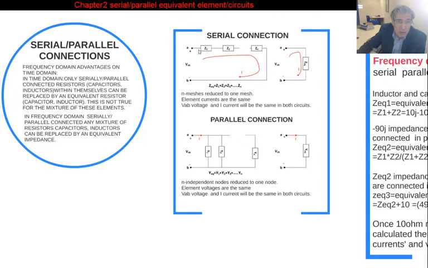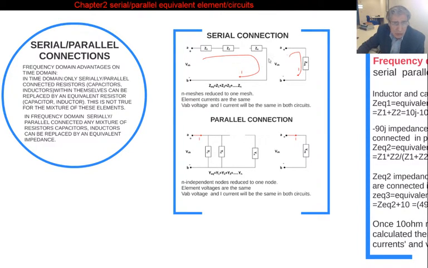VAB, since it is an independent voltage source, is the same in both circuits. But this current here, whatever we measure here, is going to be the same as this. Then we can say this is the equivalent of these impedances connected in serial.